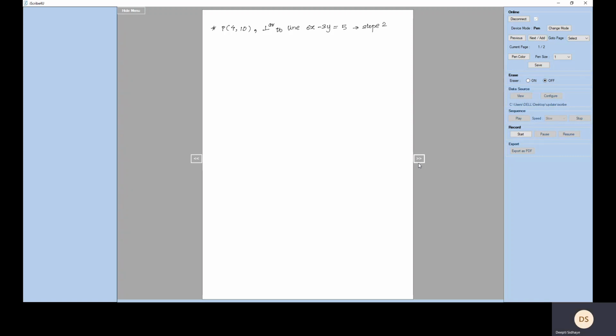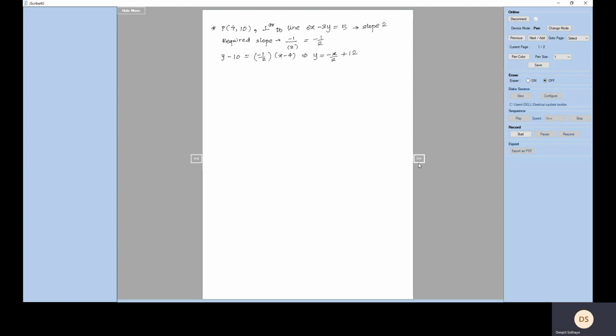Therefore, the required slope is going to be minus 1 divided by this slope 2, that is, minus half. So the equation can be written as y minus 10 is equal to minus half into x minus 4. In other words, y is equal to minus x by 2 plus 12.